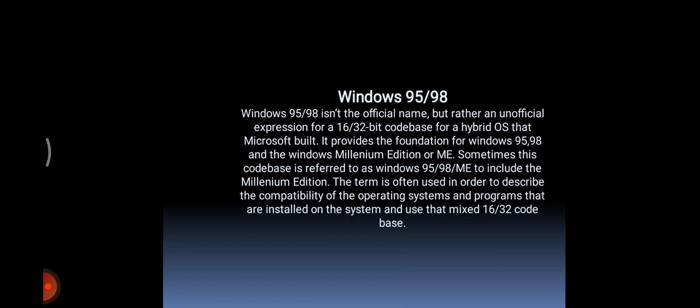Sometimes this codebase is referred to as Windows 95, 98 or ME to include the Millennium Edition. The term is often used to describe the compatibility of the operating systems and programs that are installed on the system and use that mixed 16/32 codebase.